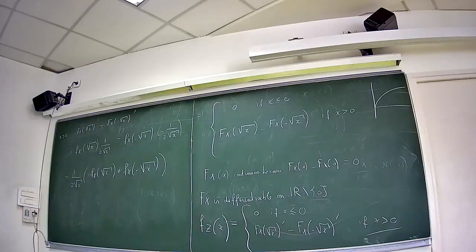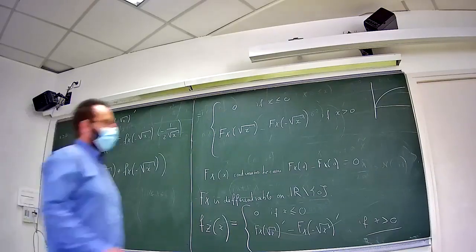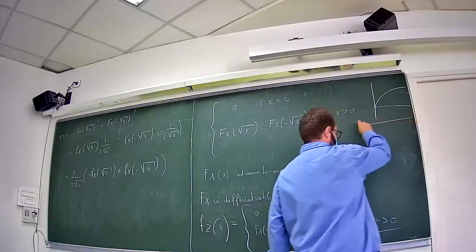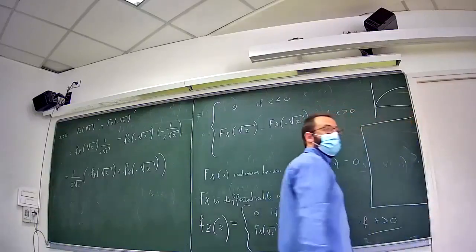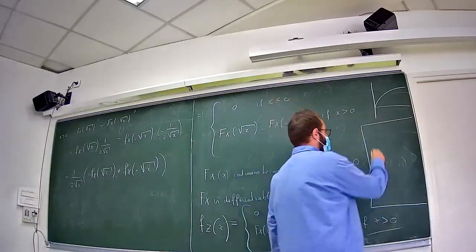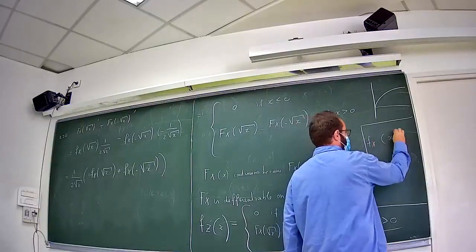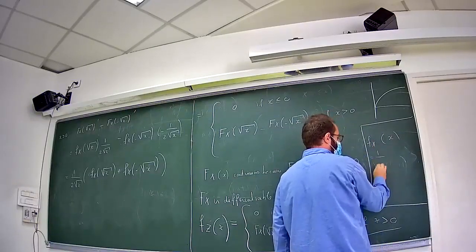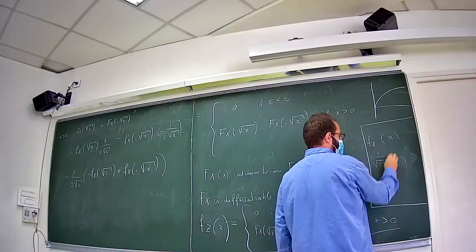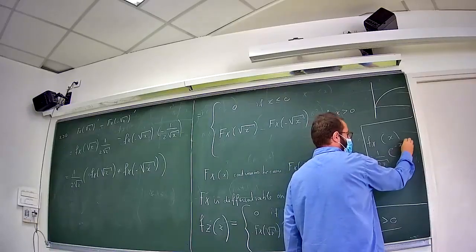Now to conclude, it remains to say what? I know what is the density of x. Because x is N(0,1) in my statement, f of small x is equal to 1 over the square root of 2 pi, exponential minus x squared over 2.